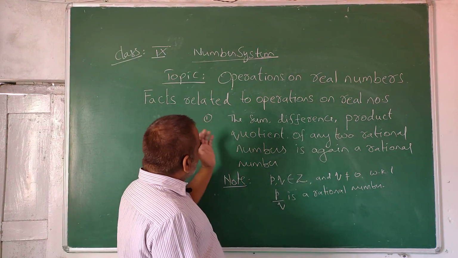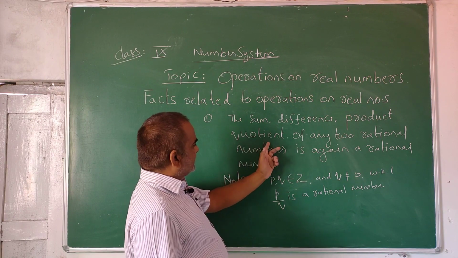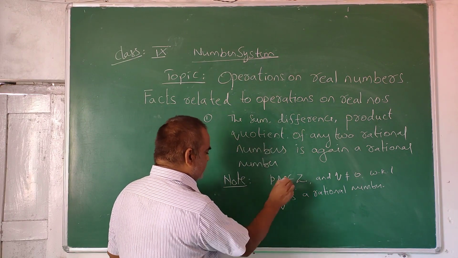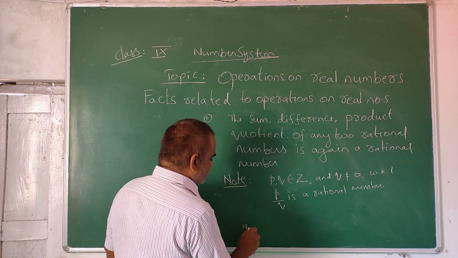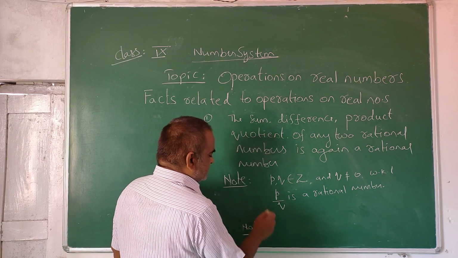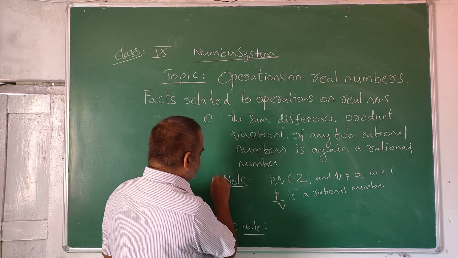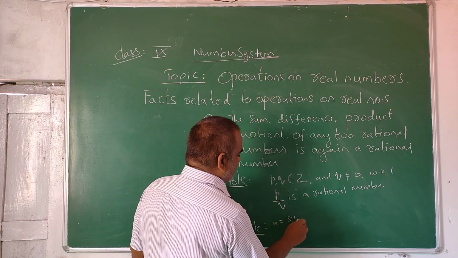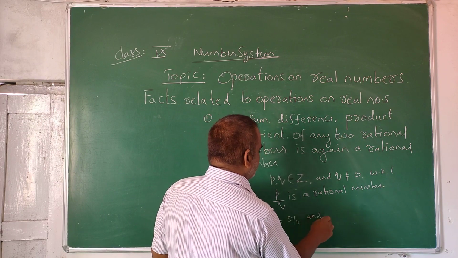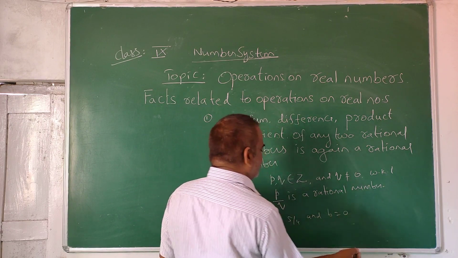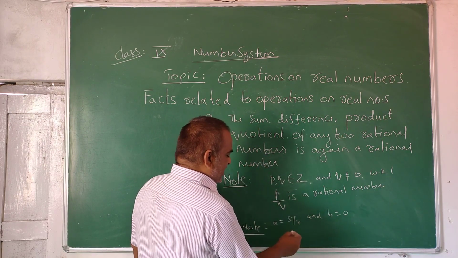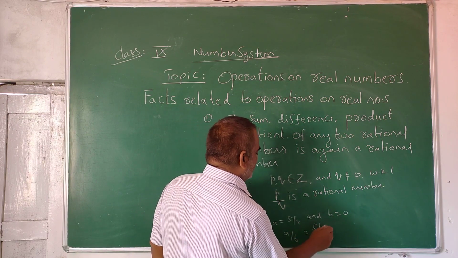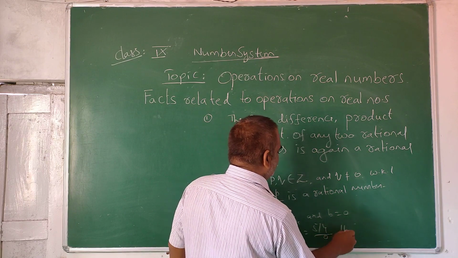Now, coming to the quotient property, take another note, note number 2, this is note number 1. Suppose A is the rational number 5 by 4 and B is the rational number 0. Then if you go for division, A by B is equal to 5 by 4 by 0, which is not defined.